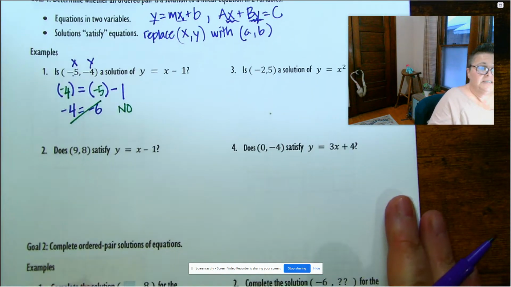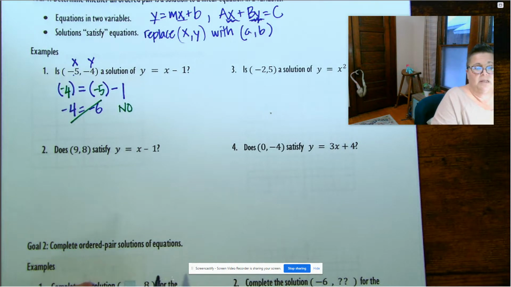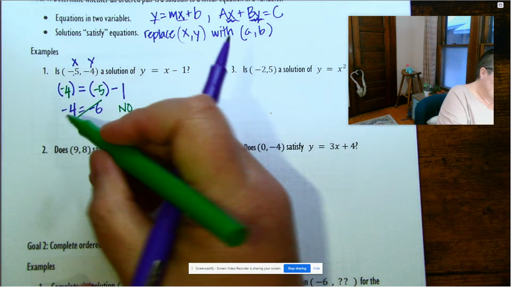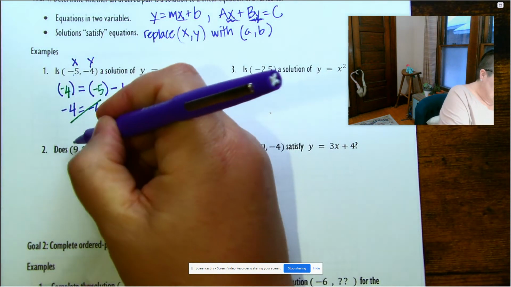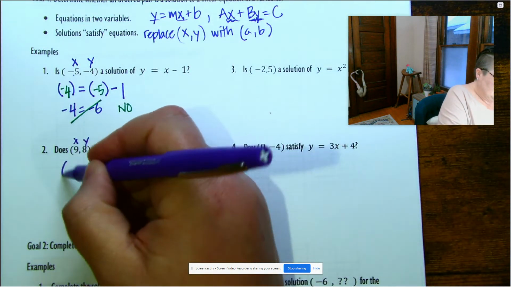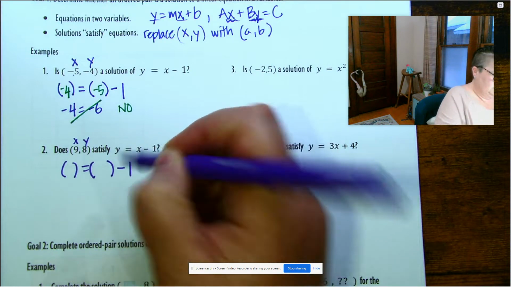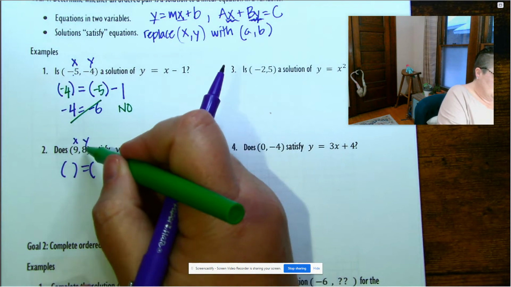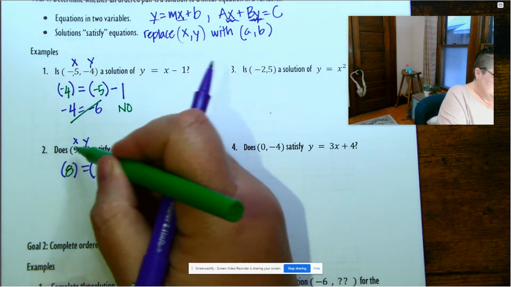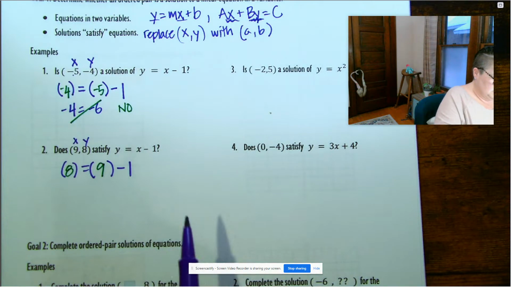Does 9, 8 satisfy y is equal to x minus 1? Again, this 9 would be our x value and 8 would be the y value. So 9 minus 1. The y goes in as 8. The x is here. Is 8 equal to 9 minus 1?